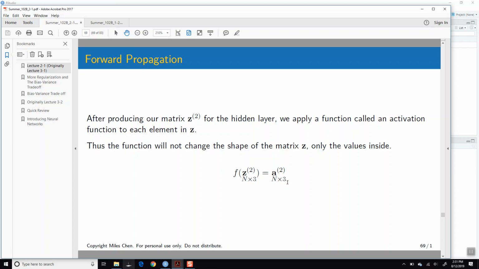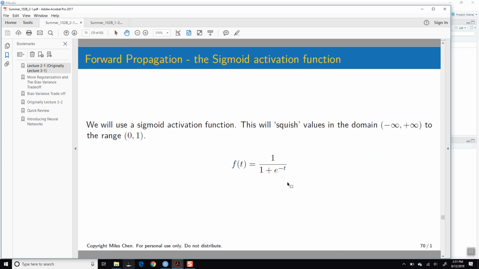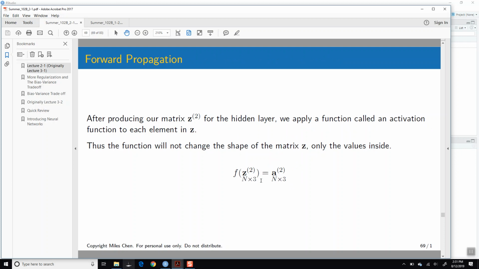The function we apply is the sigmoid activation function, which is 1 over 1 plus e to the minus t. But it's just a function. It takes an input and does something to it.